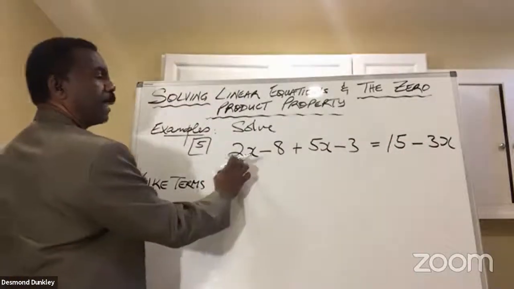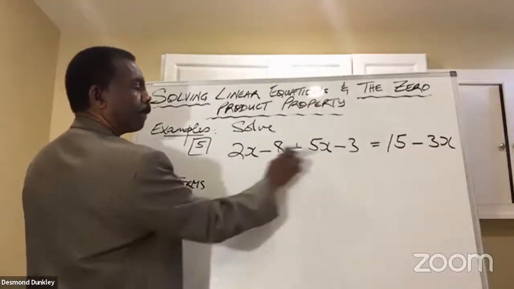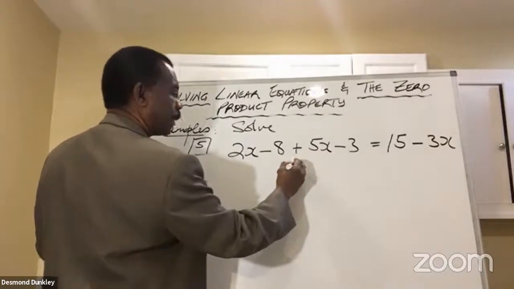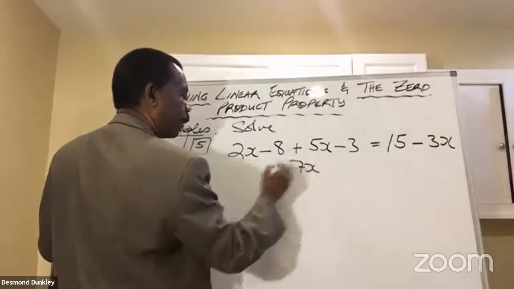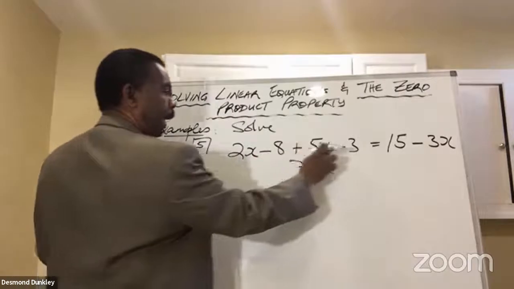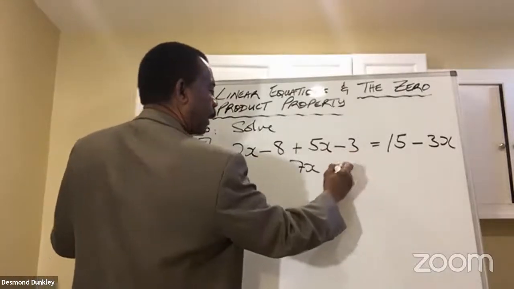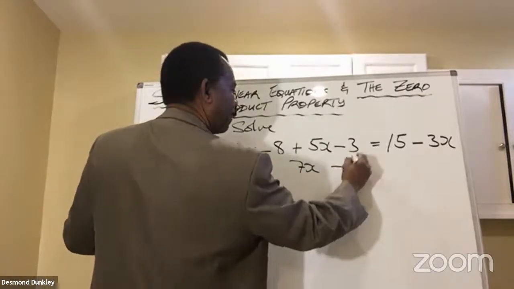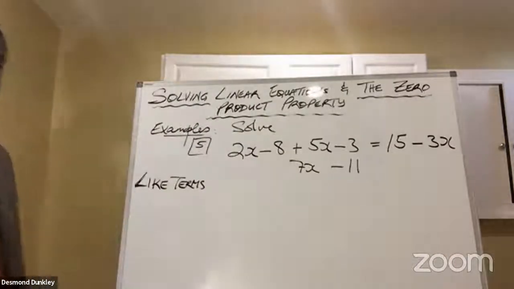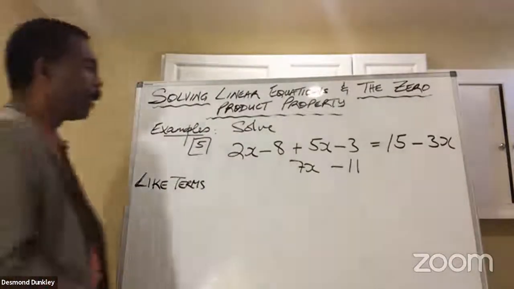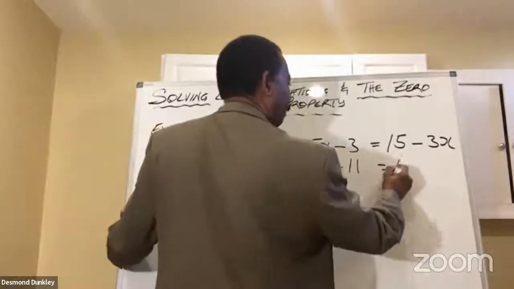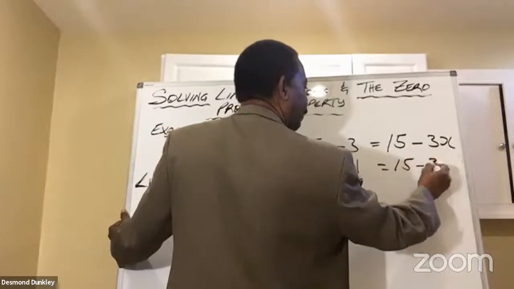So let's fix the left-hand side first. 2x plus 5x is 7x. Negative 8 minus 3 is negative 11. And that's equal to 15 minus 3x.